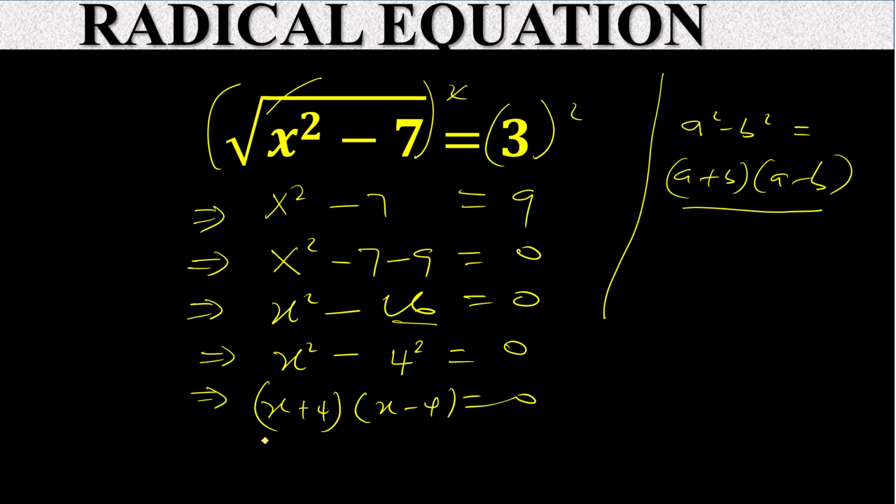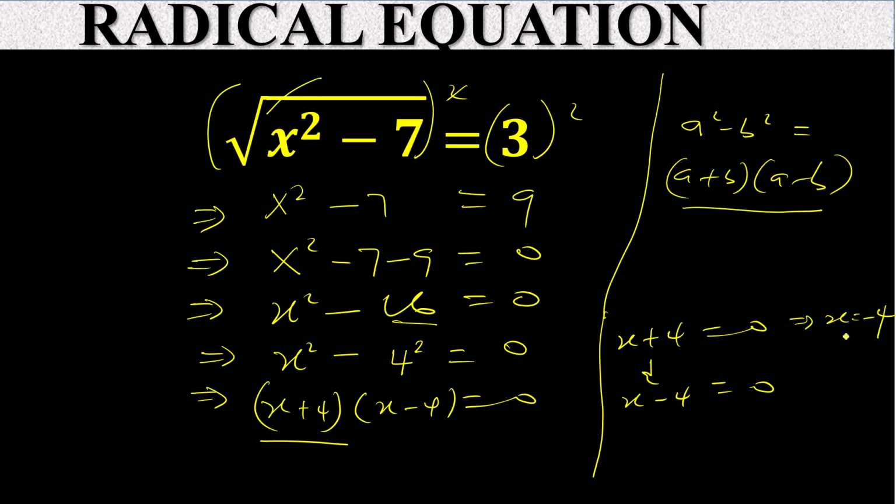What this means is that x plus 4 is equal to 0 and x minus 4 is equal to 0. So the first one, x is equal to minus 4. And this one, x is equal to 4.